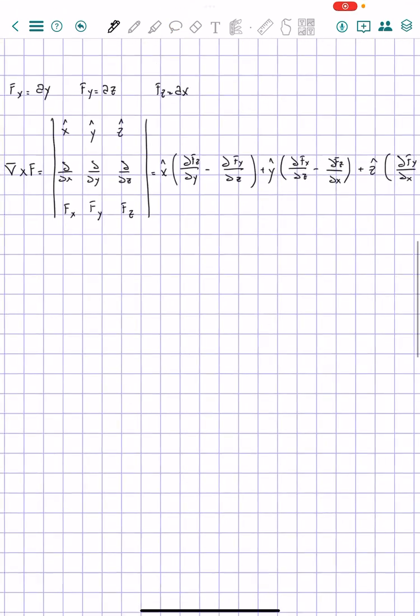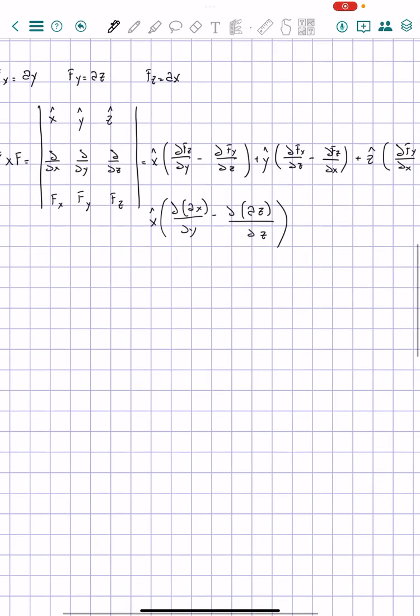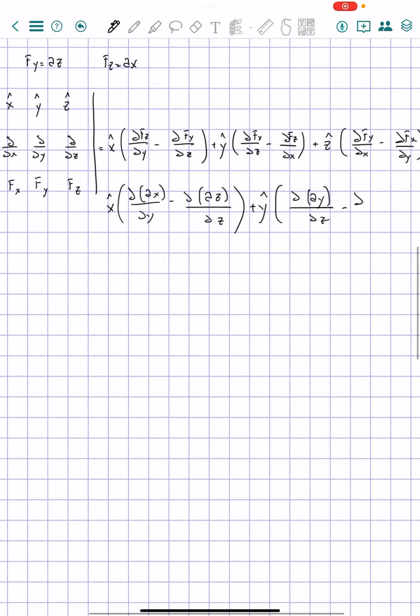So I'm going to have, for the x hat direction, I'm going to write it in one single piece this time. F of z is ax over dy minus d of f of y, which is az over dz. Then plus y hat, and d of f of x, which is ay over dz minus d f of z, which is ax over dx.